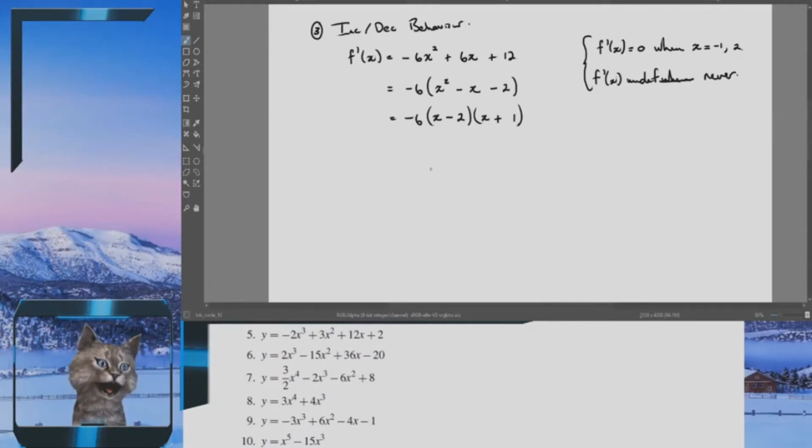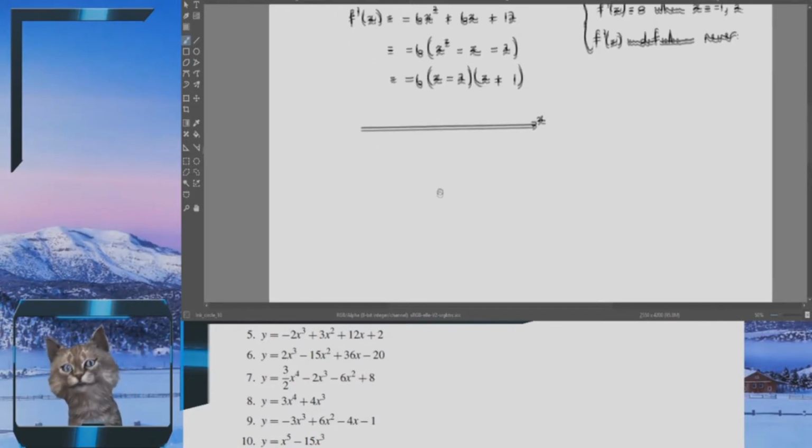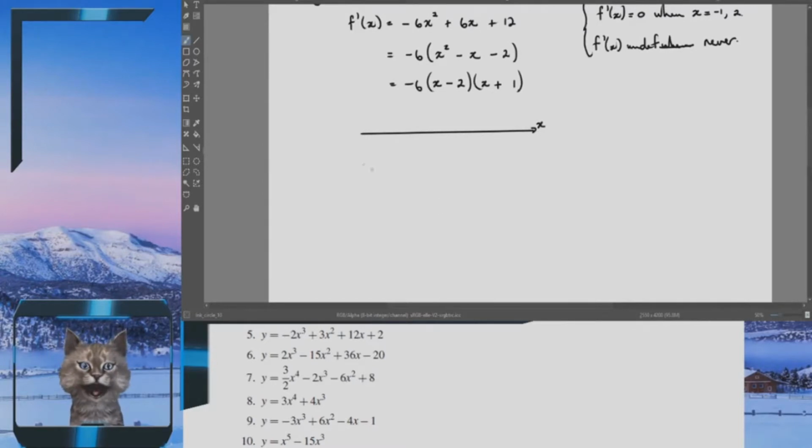Then I like to make a little table to see how do these factors affect the eventual sign of my derivative. So we're going to mark off all these potential critical points, negative 1 and 2. Some call them critical numbers.